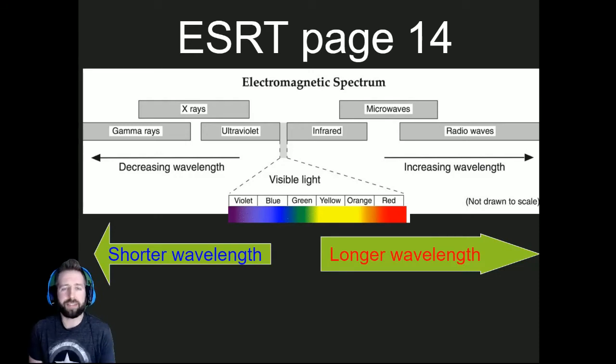So on ESRT page 14 you have this spectrum here, the electromagnetic spectrum. And this represents all of the different types of light that exist. If you look in the middle there, you can see the visible light spectrum, and on one side it is violet, and it goes all the way to red. Those are all different wavelengths of light.